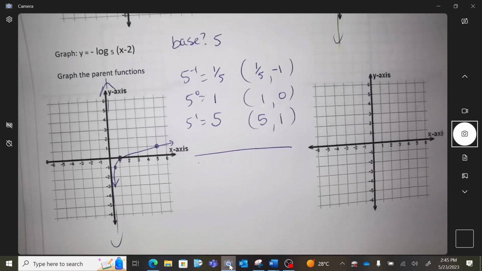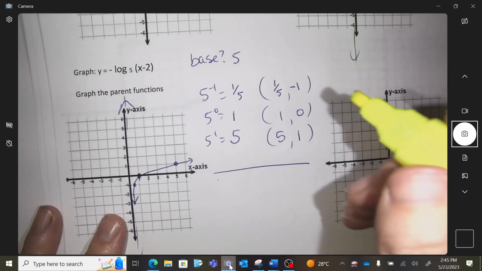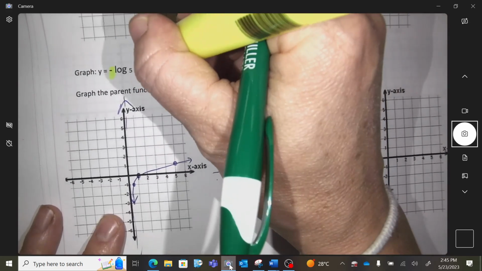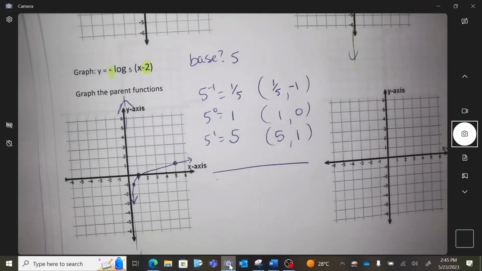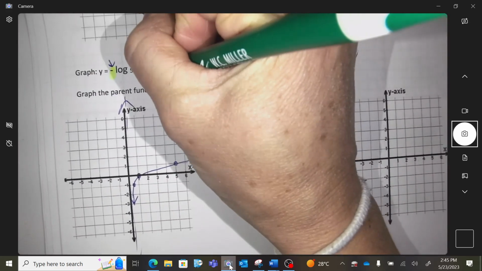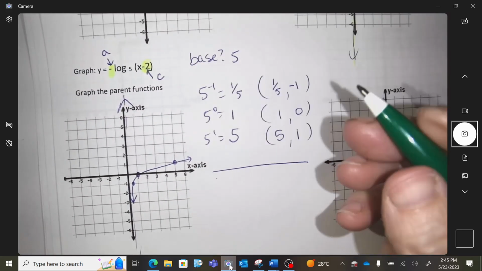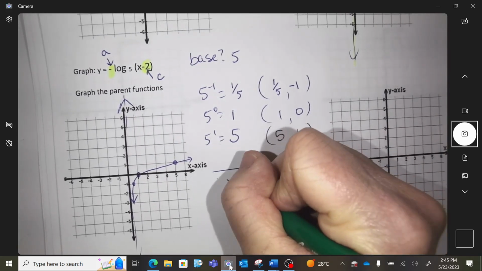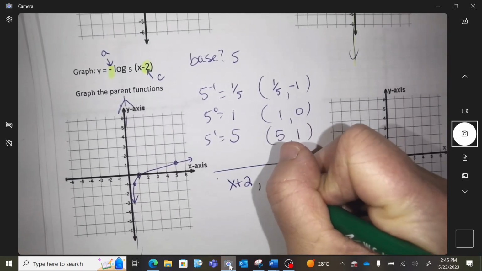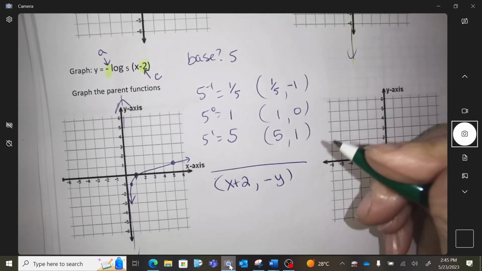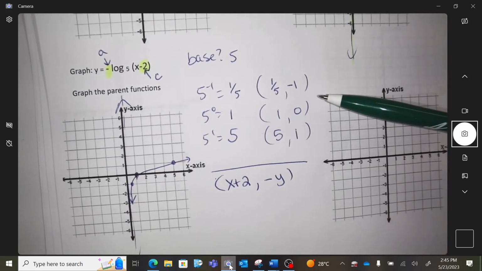Okay, now we have some stuff that goes on ABCD stuff. So I'm going to think about that and that. What letter do you think those things are? A and a C, good. So I'm going to be doing an x plus 2 and a -y to those coordinates.